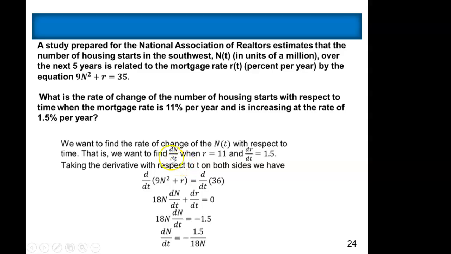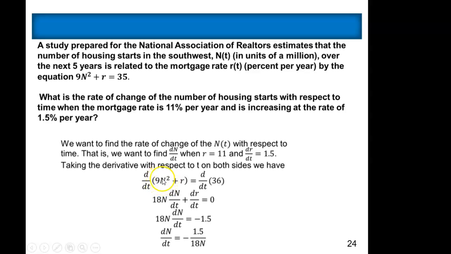Okay, so for this one, we want to find the rate of change of N(t) with respect to time. So basically, we want to find the derivative of N with respect to t. So dN/dt is what we're asked to find when it says the rate of change of the number of housing starts. Okay, so first thing, if we take the derivative with respect to time, the derivative here would be 18N.